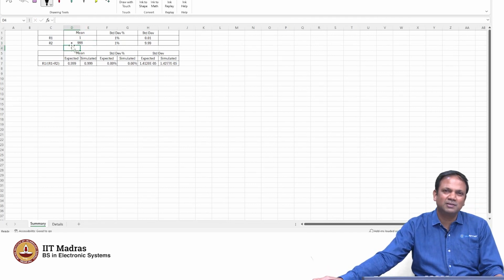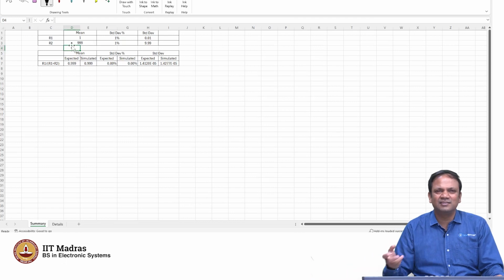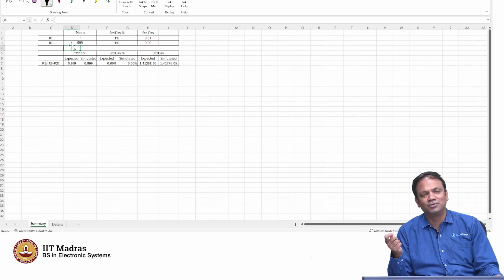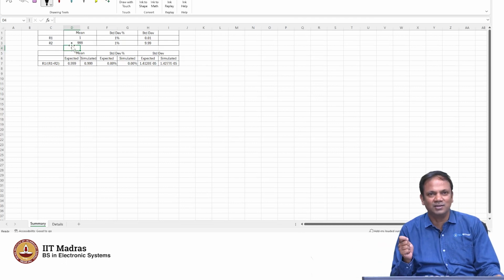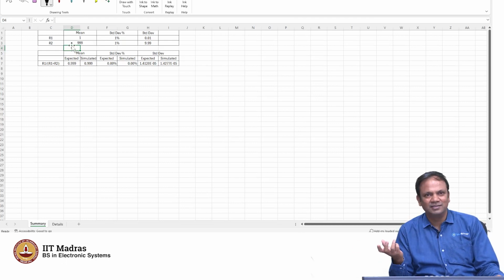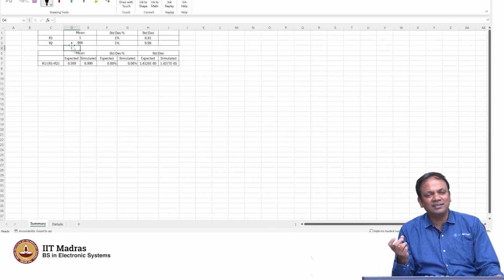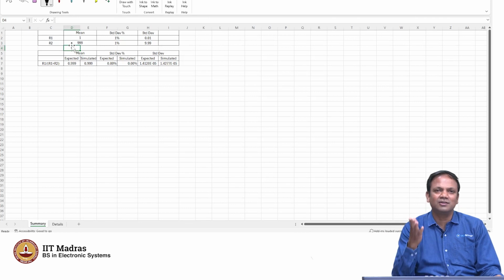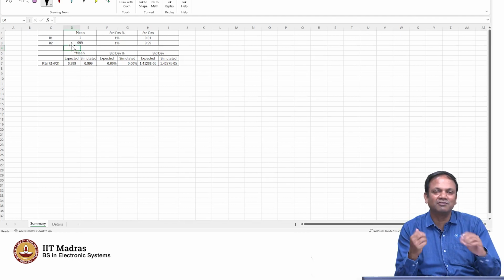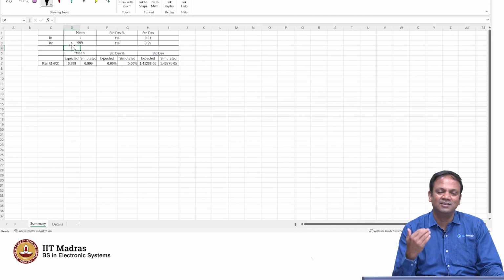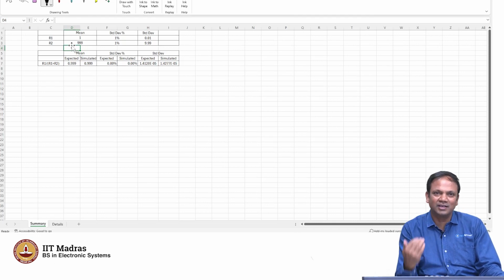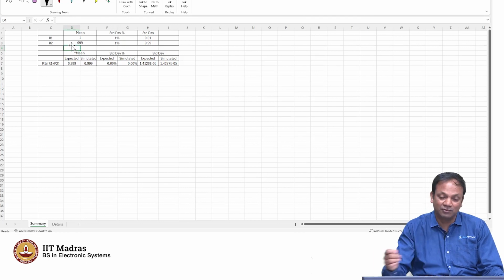Then the resistive ratio R2 by R1 plus R2 is practically 1, or 0.999. You would expect the deviation to be very small because it is R2 divided by R2. So whatever variation is there in R2 doesn't matter, because when you take the ratio, that variation gets removed, right?